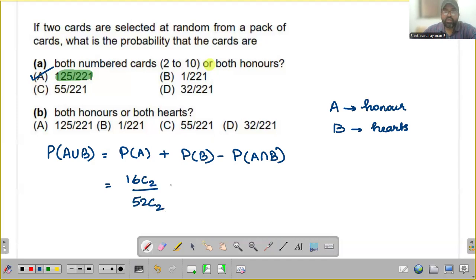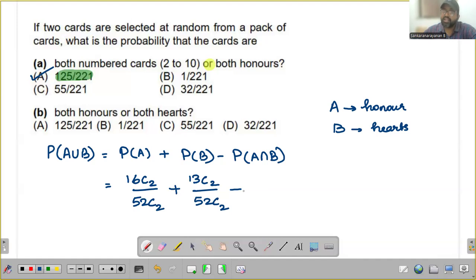It being the hearts will be 13C2 divided by 52C2. And here also you can see that there are honor cards. Here also the honor cards are there. So just to avoid the double addition, you have to go for minus.